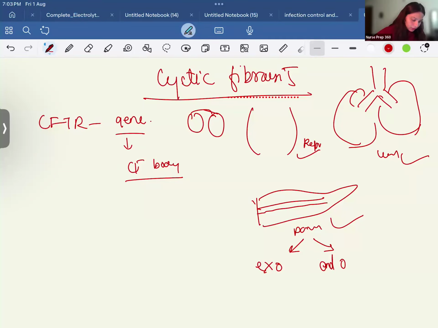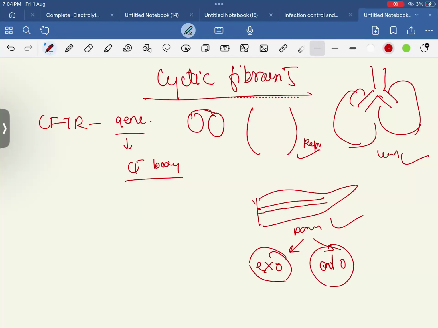So basically, this affects your 3 organs: your lungs, your pancreas, as well as your reproductive organs. Your pancreas produces 2 types of hormones, one exocrine and one endocrine.